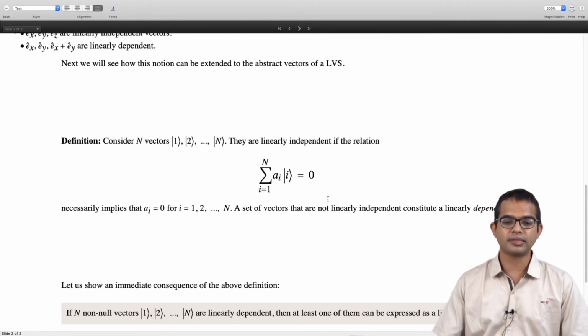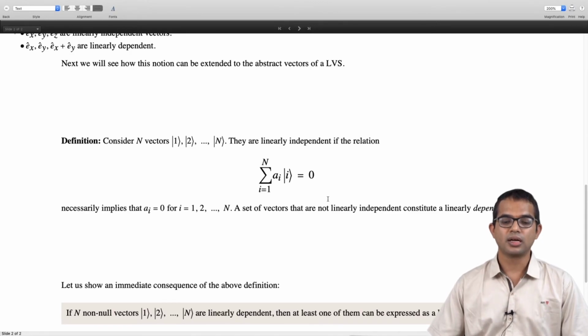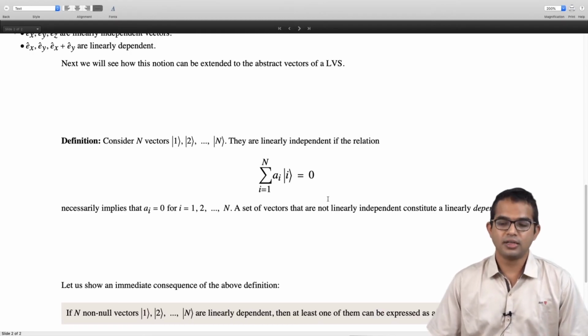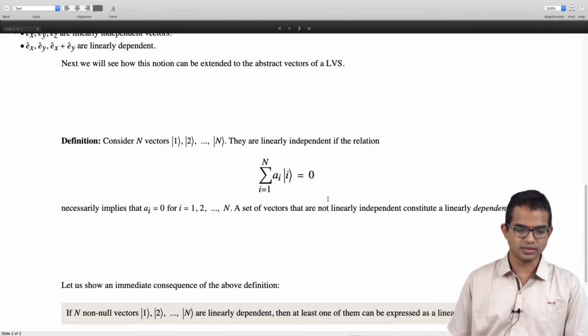The only way you can satisfy a relation like this is if all these coefficients are 0, right? Then it means that you have pulled out a set of vectors which are linearly independent. And if a set of vectors is not linearly independent, then it becomes a linearly dependent set, right? So that's how you define a linearly dependent set.